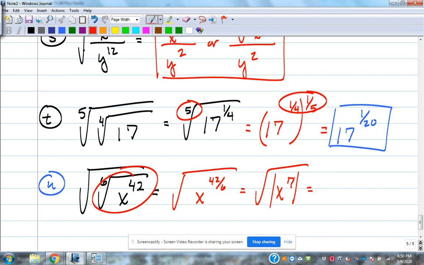Gotta be careful. Why did I put absolute values on it? Yeah, because it was an even index or an even denominator, and x to the 7th power is not always positive. That's why I put that there.